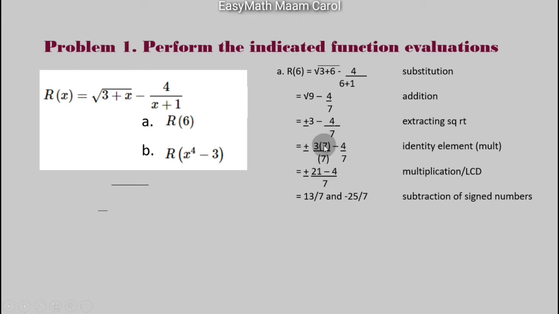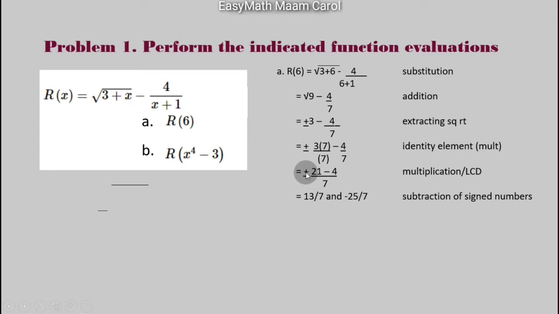So, when we multiply it with 7 over 7 so that we get the LCD, ang nangyari, yung 3 times 7 becomes 21. And then 4, wala naman tayong ginawa doon, so minus 4. And then eventually, yung denominator niya, naging isang buong 7 na, kasi pareho na sila ng denominator. So, LCD. Okay? And then, yung last natin, since these are two numbers, so dalawa yung magiging answer natin.